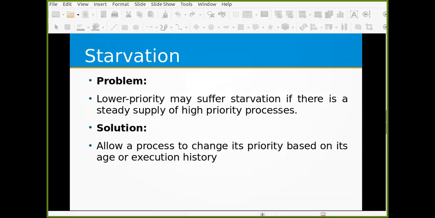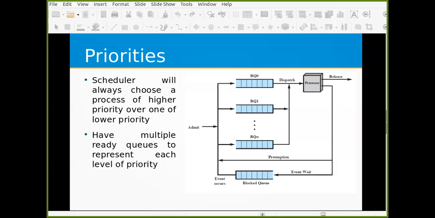Then we discuss one term called starvation. What is the starvation problem? If your scheduler, your dispatcher, works based on priorities, just think that, let's say, you have three ready queues. But you observe that at any instance of time, at least there is one process in this queue or this queue.